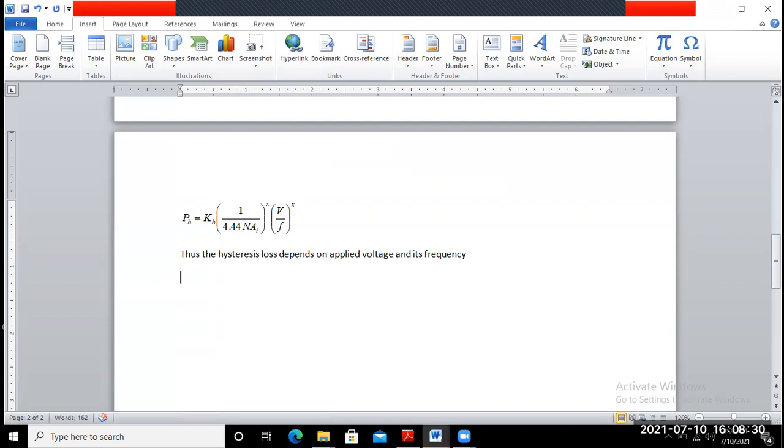Similarly, the eddy current loss Pe is given by putting the value of Bm in the equation for the eddy current loss.